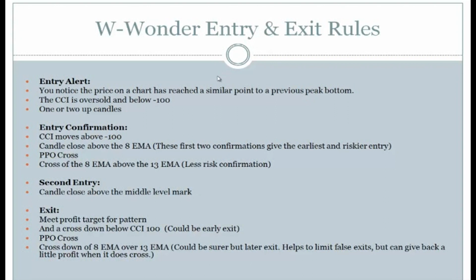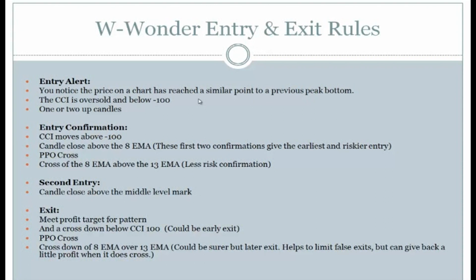Entry confirmations are a CCI moving up above minus 100, and a candle close above the 8 EMA. Now these would be the earliest and the riskiest. If you do this before a PPO cross, there is a slight risk that it may bounce off of the PPO and head another leg down.